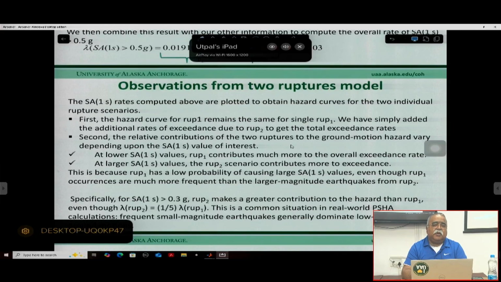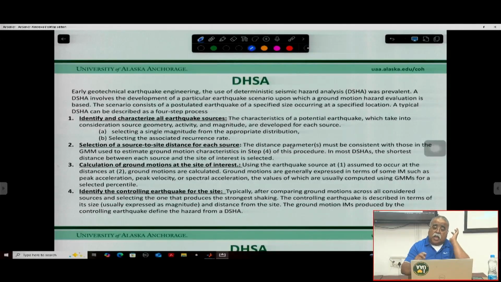As I said, the probability calculations are of two types. One is the DSHA, deterministic seismic hazard analysis.